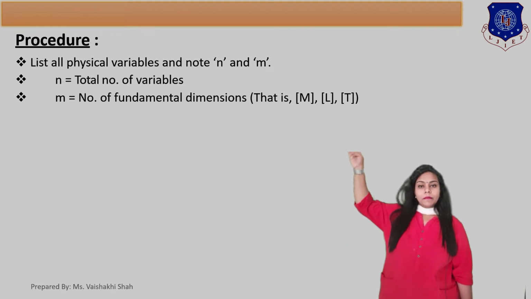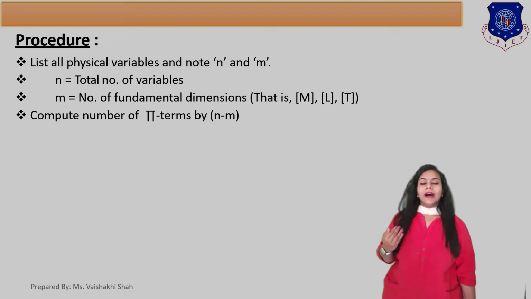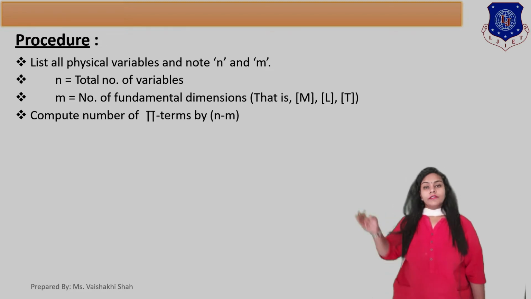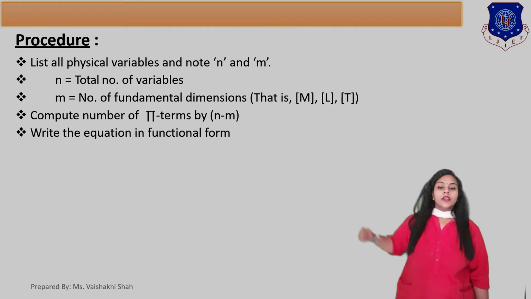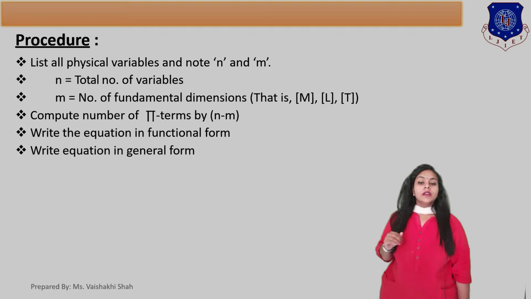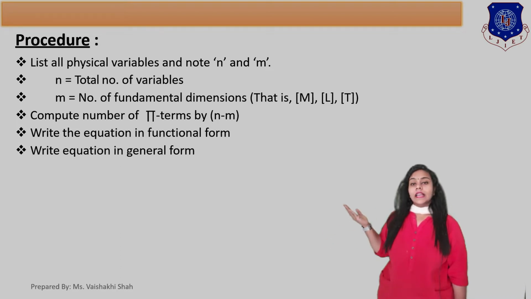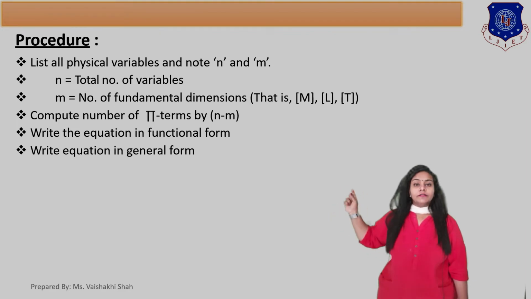Now compute the number of pi terms as n minus m. Write the equation in functional form, and then in general form. We already studied the functional form and general form in our introduction to the pi theorem.